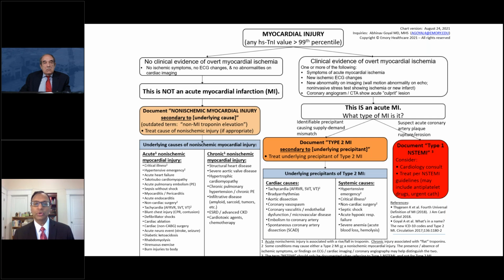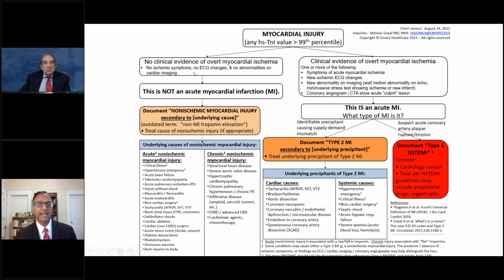There is no accepted management at this stage of the type 2 MI per se, other than managing the underlying cause. And if a patient has fixed obstructive coronary disease, also manage the patient for underlying chronic coronary artery disease with secondary prevention therapies or chronic coronary disease therapies.